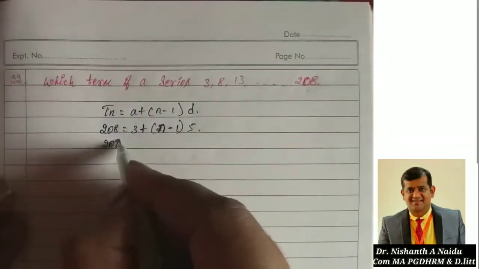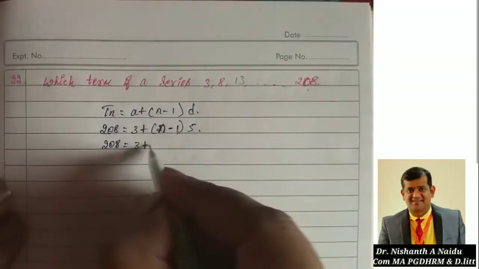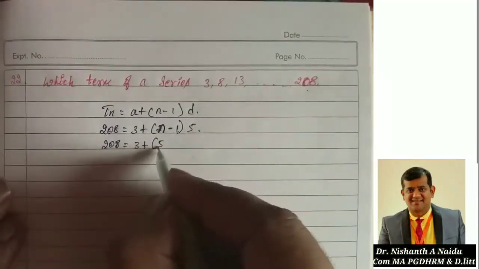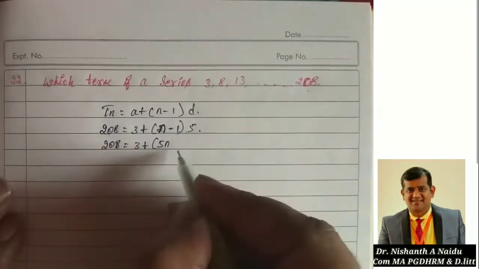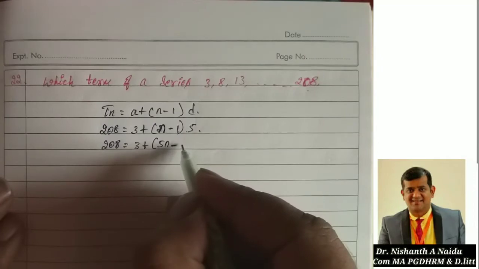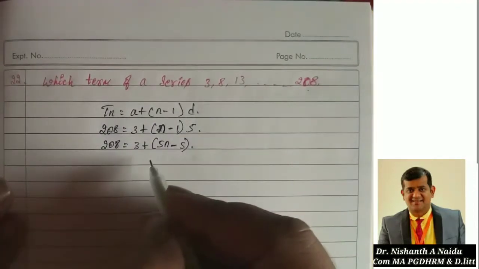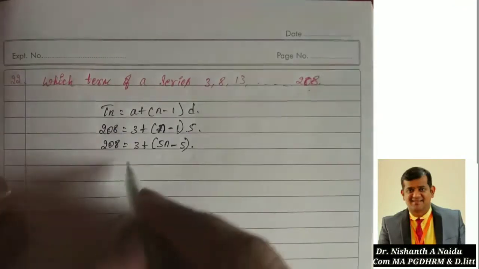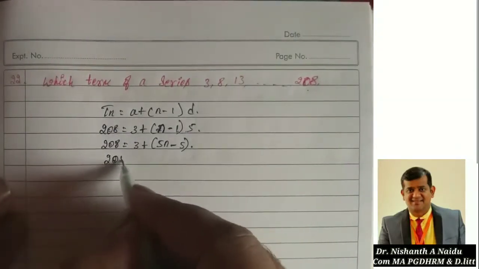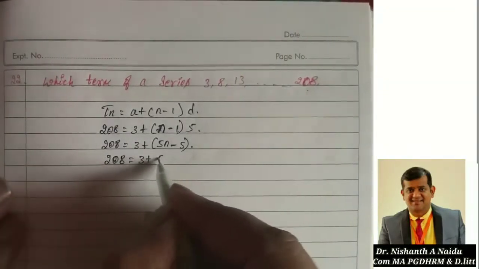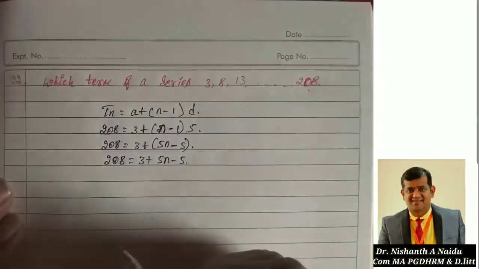So 208 equals 3 plus 5 times N, that is 5N, minus 5 ones are 5. So we get 208 equals 3 plus 5N minus 5.